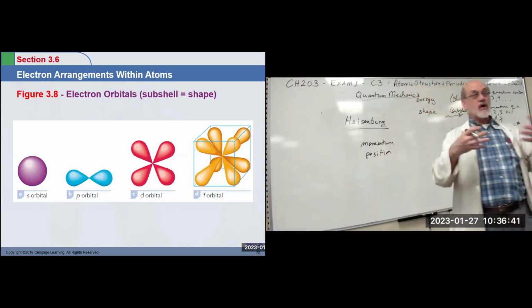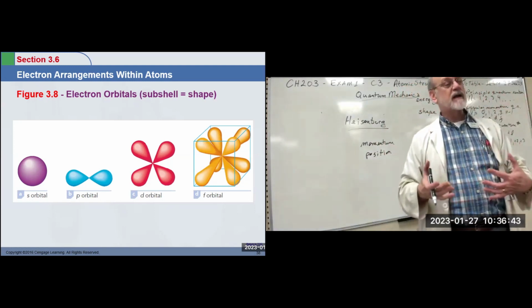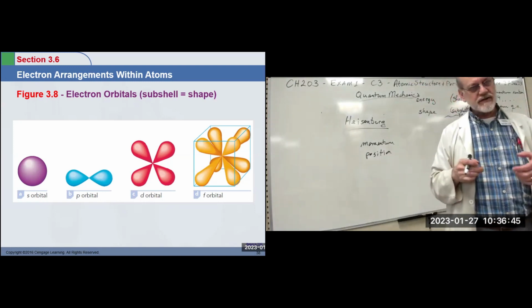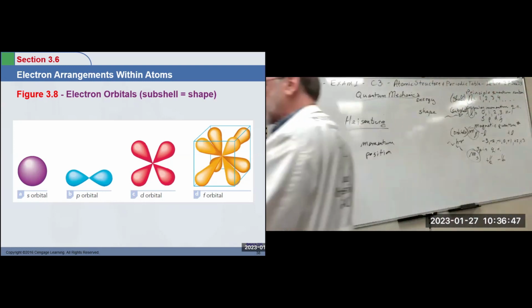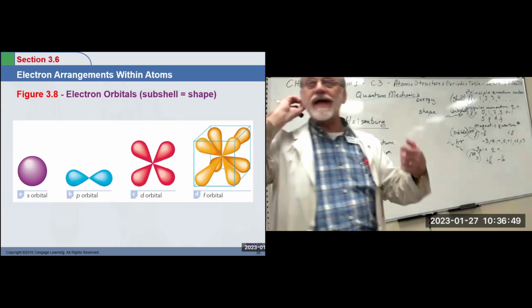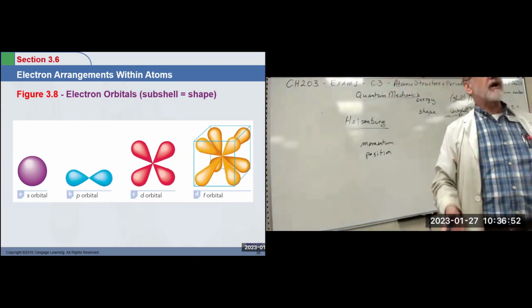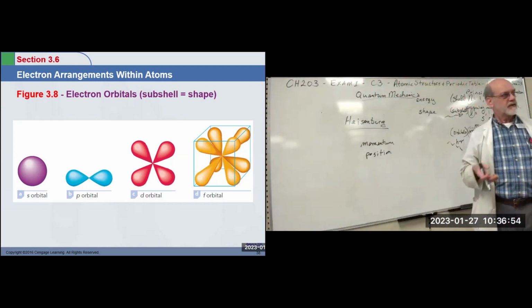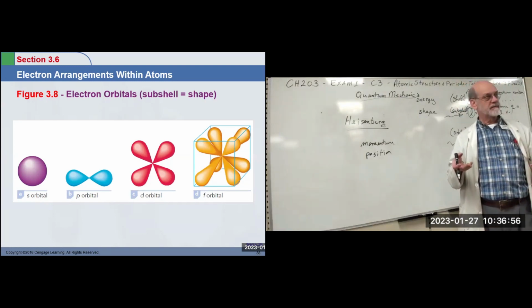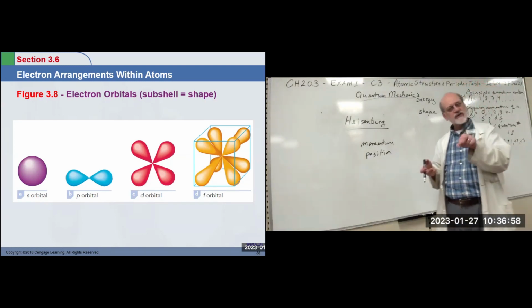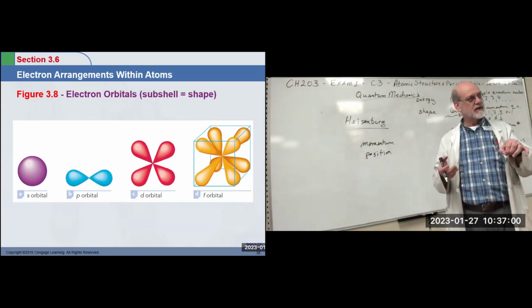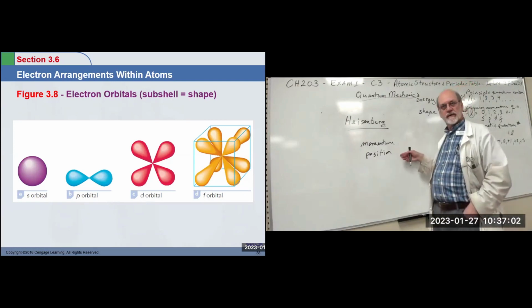If the object is large, like us, like my body, you can tell how fast I'm moving if I'm walking or if I'm riding in my car and where I am at any time. That's because I'm so big. So it has to do with the size of the object. But when you get down really, really small, like these electrons, you can't know both of them.